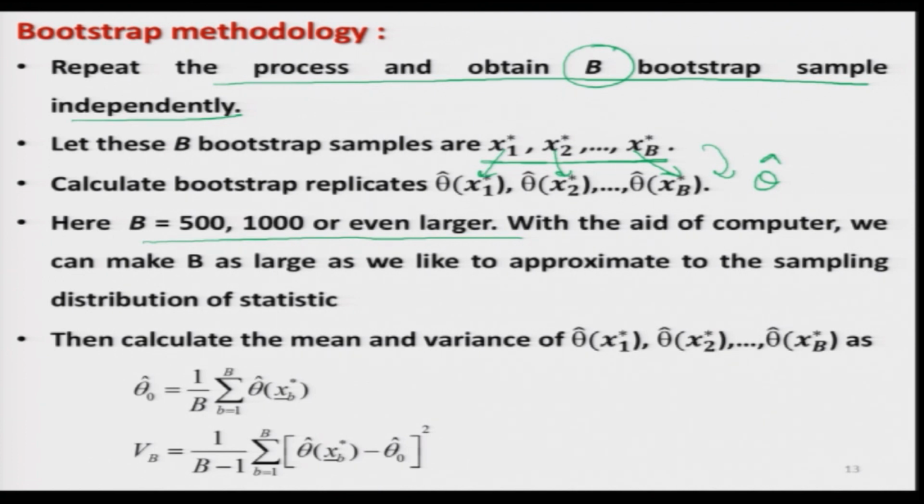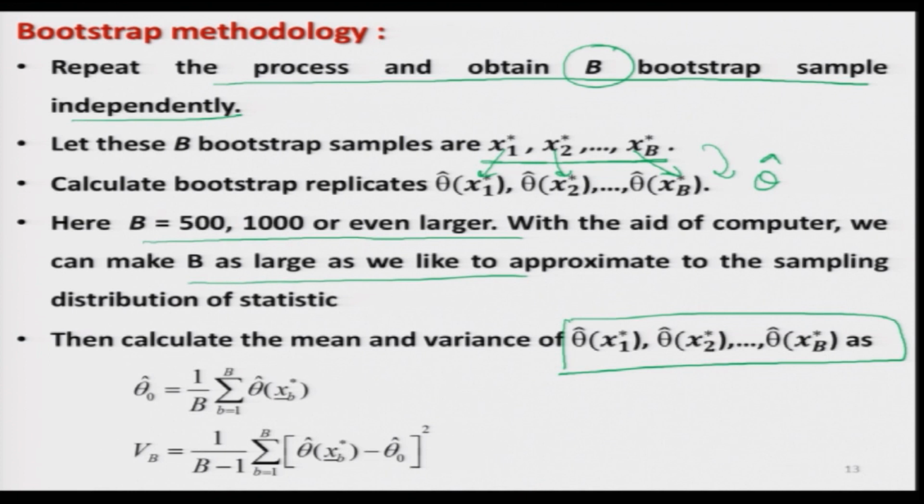So the rule is this: if I make B as big as possible, my approximation will become better and we will get good results, right. With the help of computers, we can make this B as large as we want to approximate the sampling distribution of the statistics.